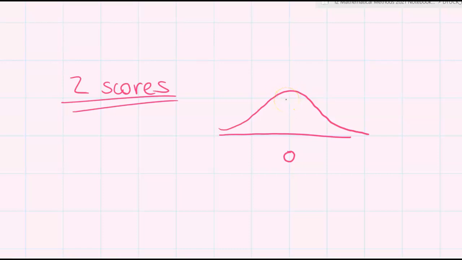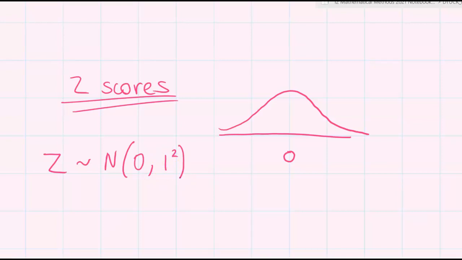Area is also 1, but Z-scores are involved with a 1 for another reason. What's the 1 to do with the Z-score? Standard deviation. Good. So the Z-score is a variable that's distributed normally with a mean of 0 and a standard deviation of 1.